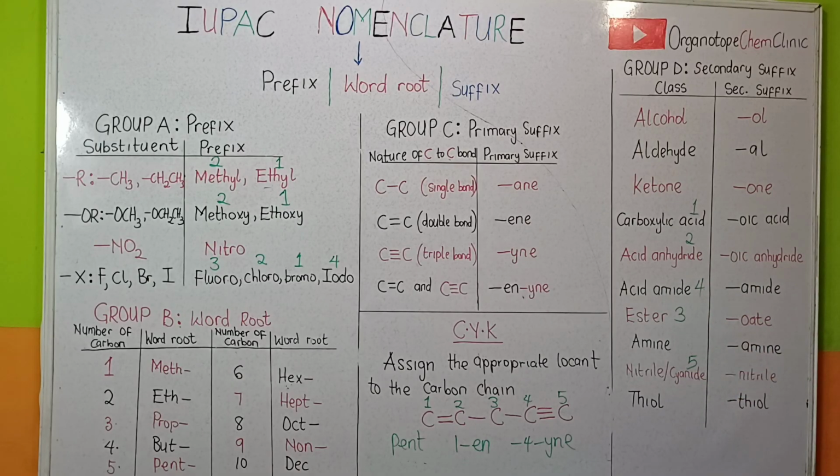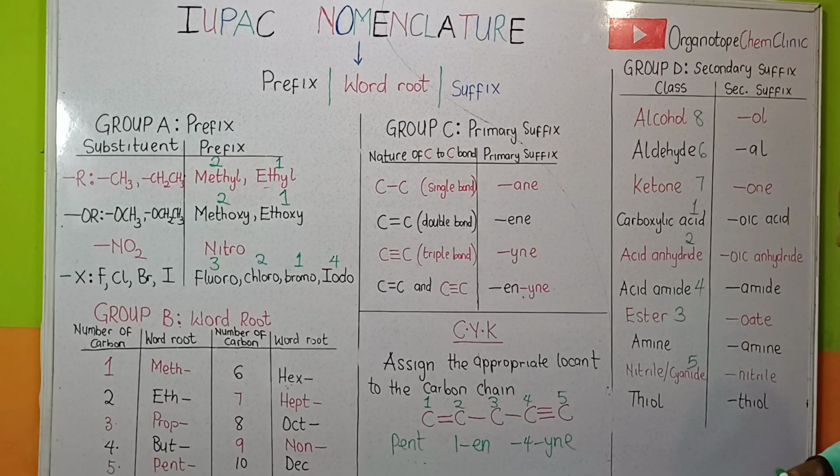Nitrile is number 5. After the nitrile, we have the aldehyde. Okay, number 6 is aldehyde. The next one in order of priority is what? The ketone. After ketone, we have the alcohol. Okay, alcohol is number 8.